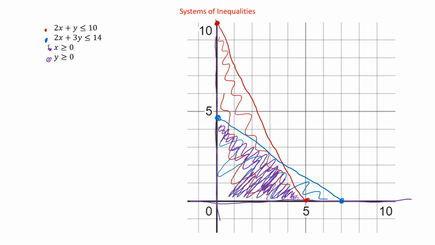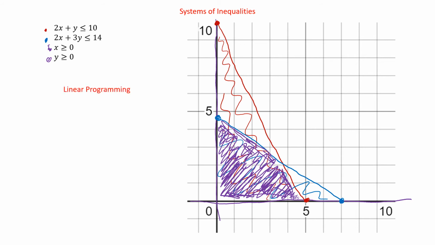So if we were solving the system of equations, this would be our answer. If we had to choose a couple points in there, 1, 1, 2, 1, 3, 1, 1, 2. There's tons of points in there.